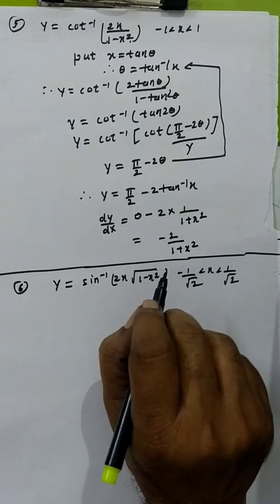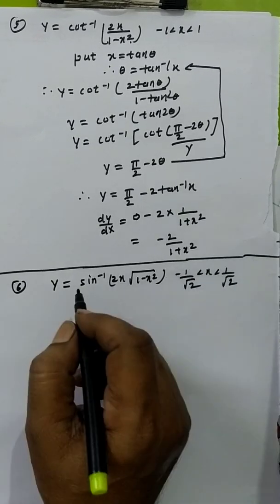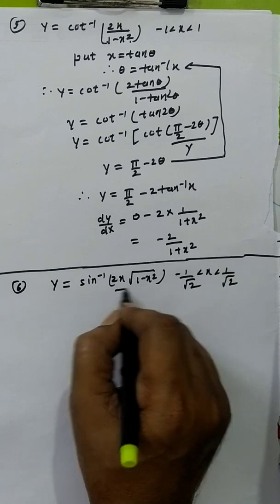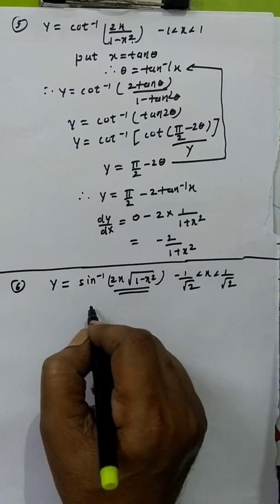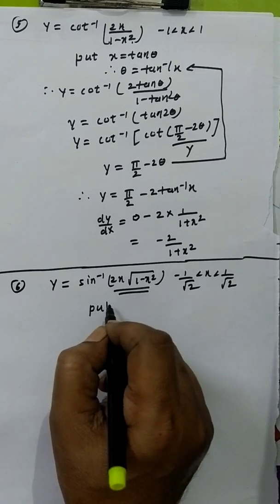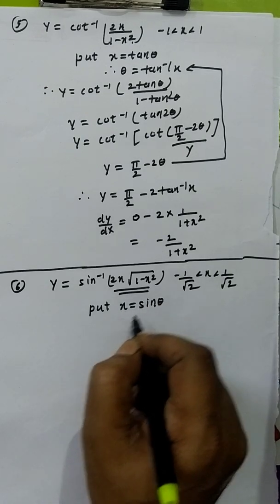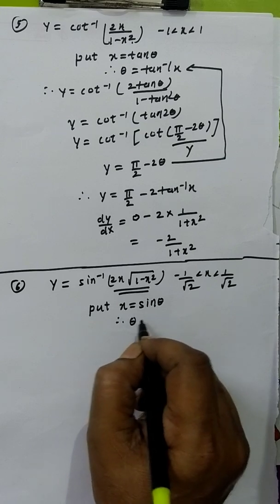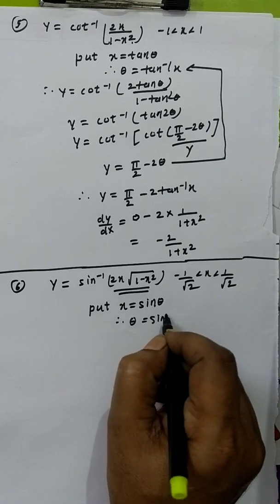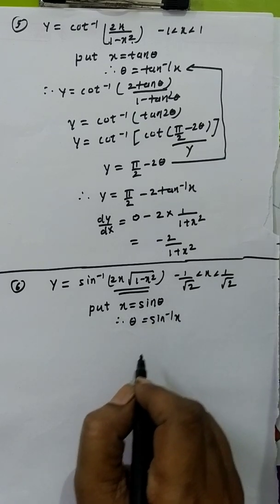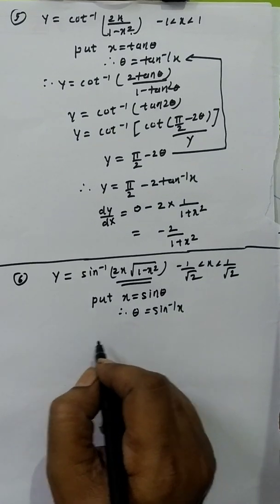So this is the same sum which was solved in inverse trigonometric functions. So you can go for x is equal to sine theta. So put here, x is equal to sine theta. Now what will be the value of theta? Therefore theta will be sine inverse of x.